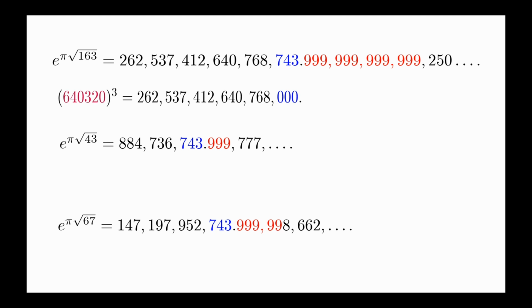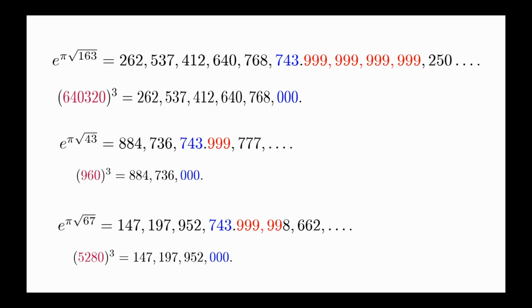This 640320 is going to reappear later, so you can remember it if you want. And similarly, in the other two cases, when you take away the 743, you produce perfect cubes for the integers just before the decimal point.